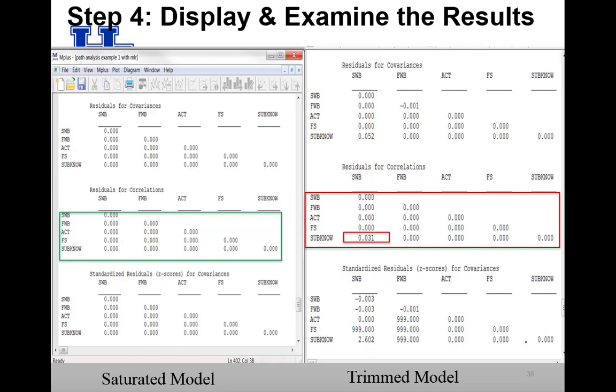This is their covariance. Remember, we removed this path, right? We removed the path between these, and now they have unexplained residual covariance. But that's not too much, right? It's not above 0.1. It's 0.031.